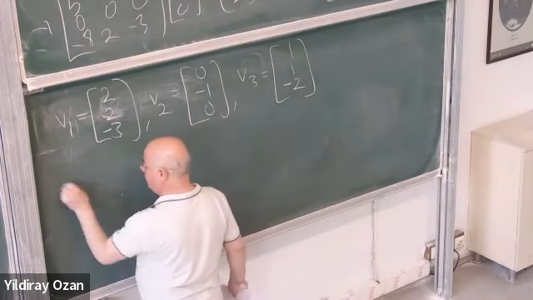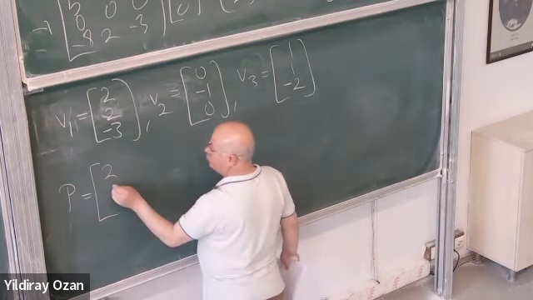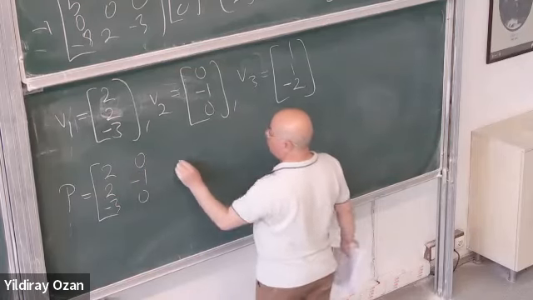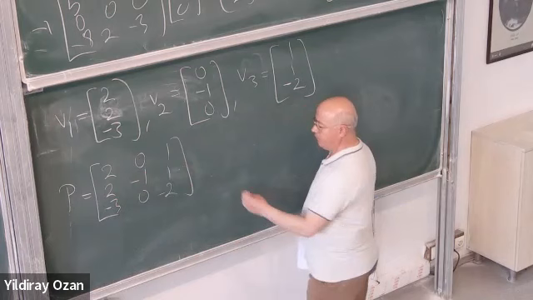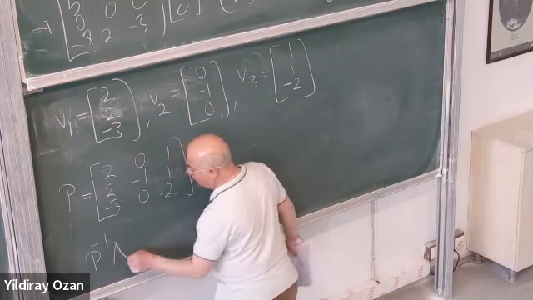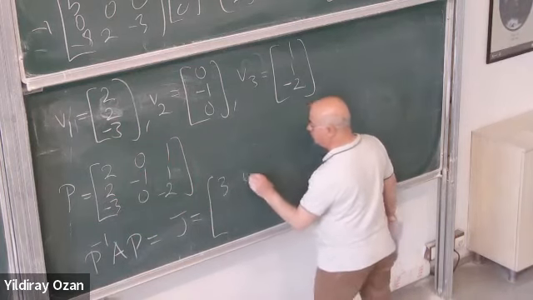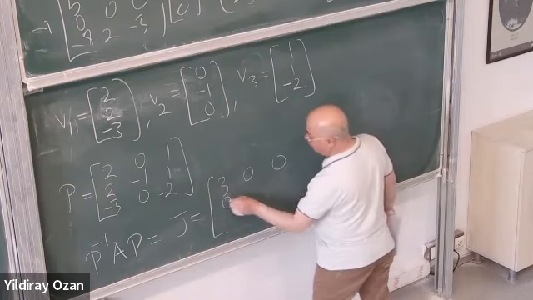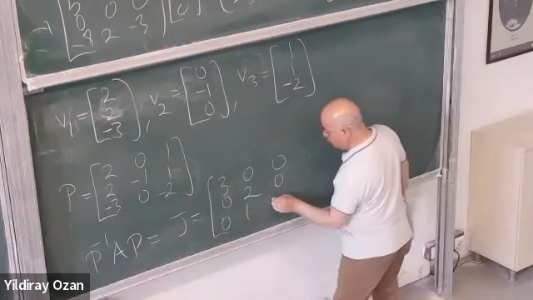So if I let P to be this vector matrix, the base change matrix, then we know P inverse A P is equal to J, which is just 3 0 0, 0 2 0, 0 1 2.